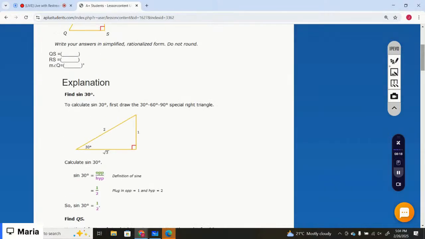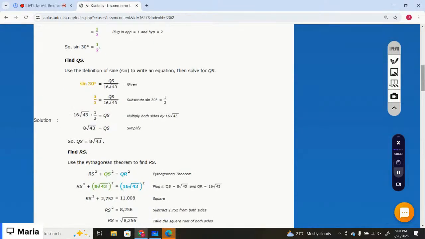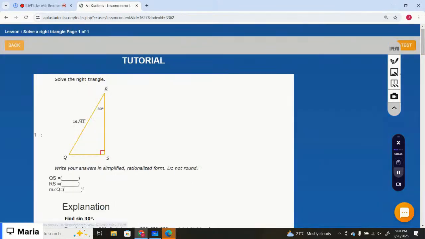Sine 30 is opposite divided by hypotenuse. So that is QS divided by 16 square root 43. So when you solve, that is 8 square root 43. Let's just start with the test questions.